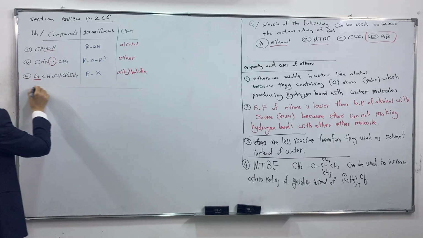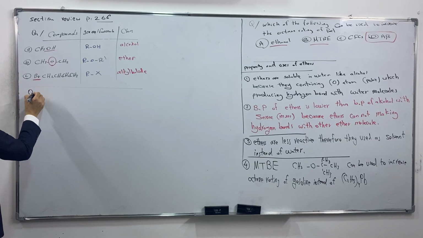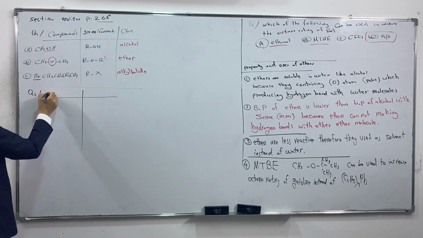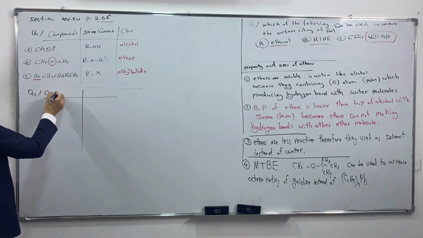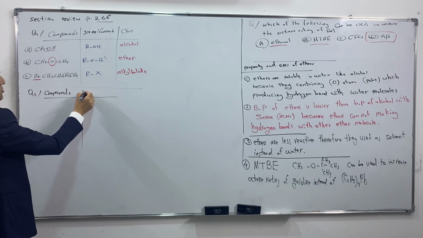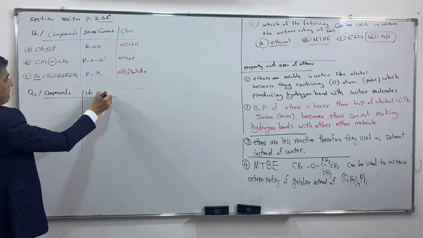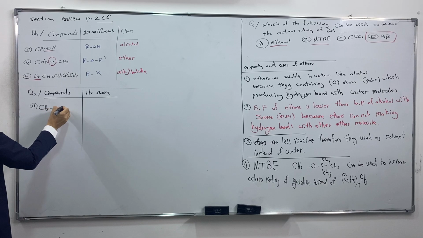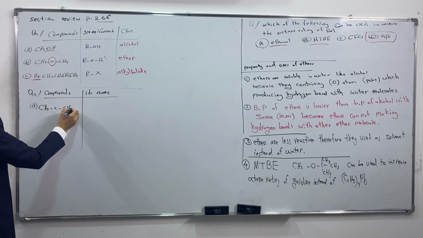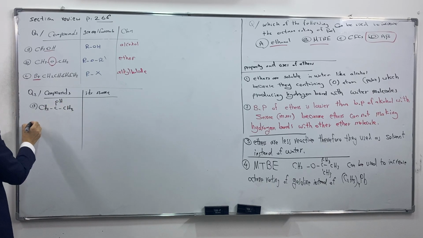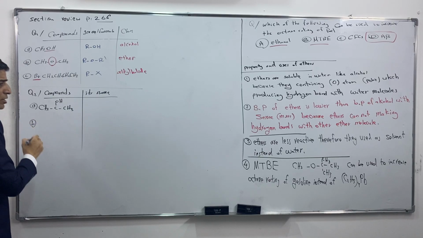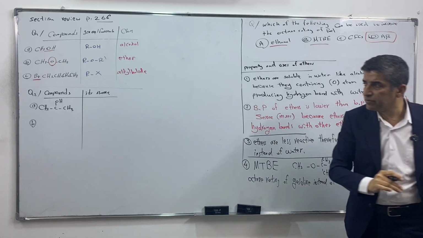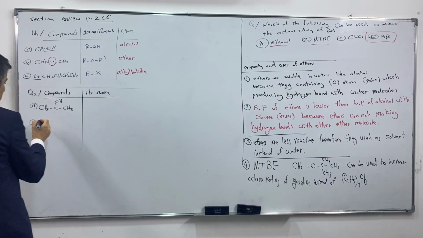The next question, we have some compounds. We will try to name them according to the IUPAC system. The first one, we have this compound, CH3 CH CH3 and OH. Compound B, we have another compound, CH3O CH3.